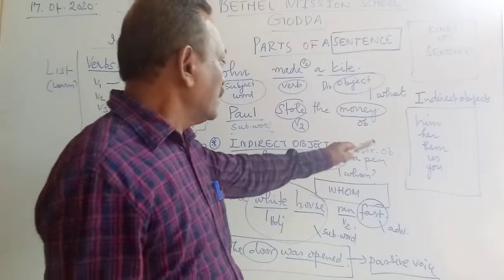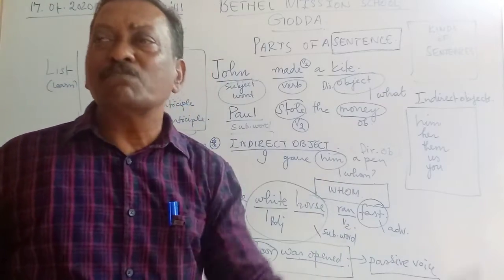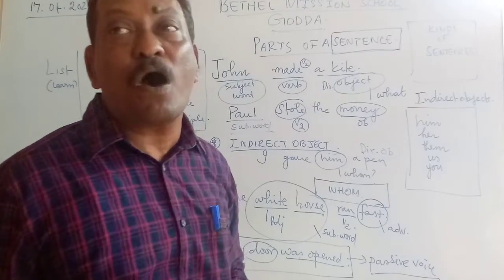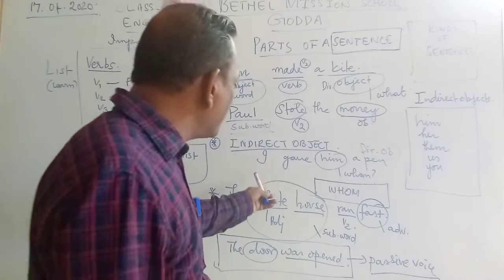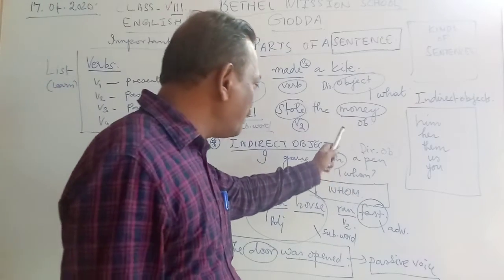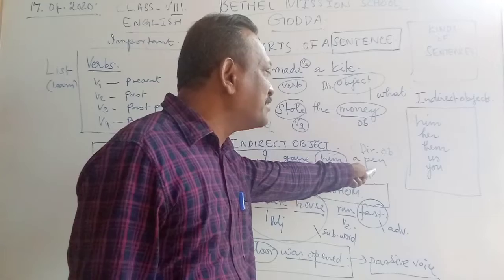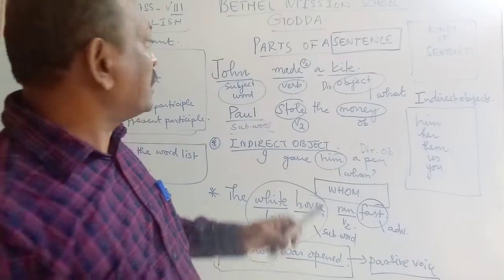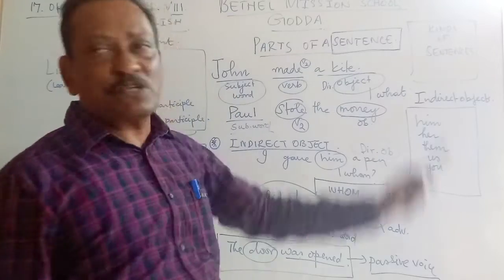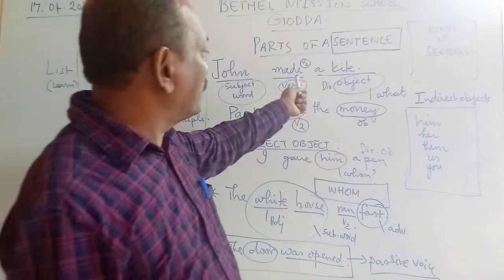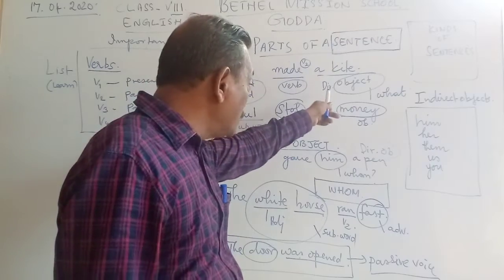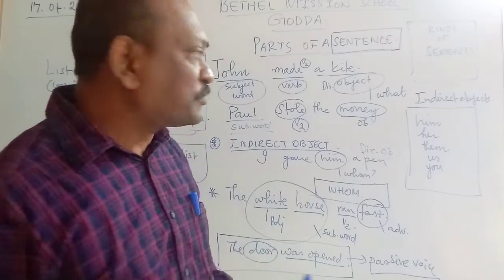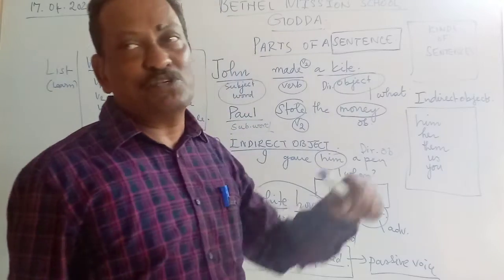So again, the word which answers the question whom is an indirect object, and the word that answers the question what becomes the direct object. So here in the sentence, as you see, you have him as an indirect object and a pen as the direct object. So coming back to the beginning, a sentence may have a subject, a verb, it might also have a direct object, it may contain a direct object and an indirect object as well.